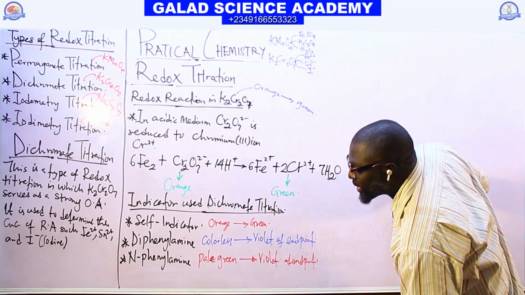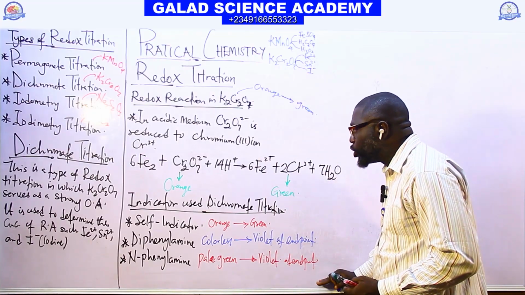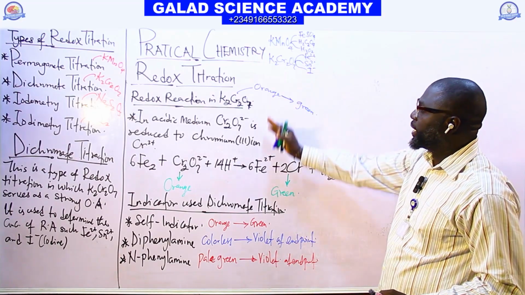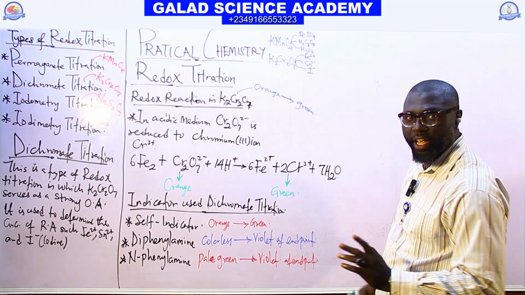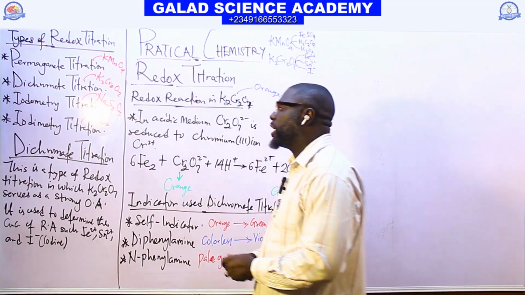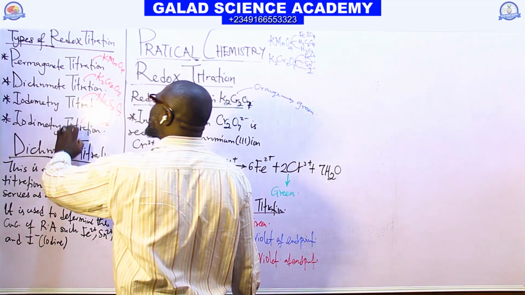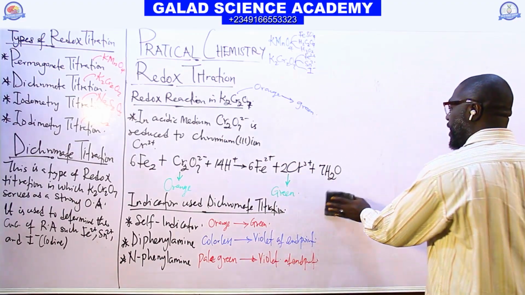So that is the types of indicators used in dichromate titration.